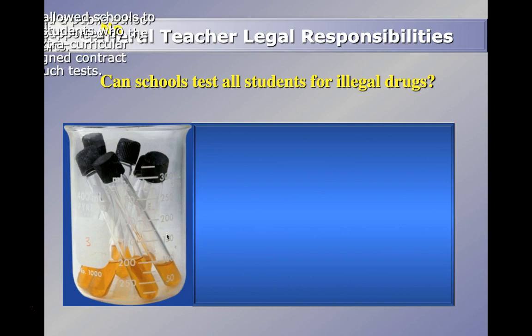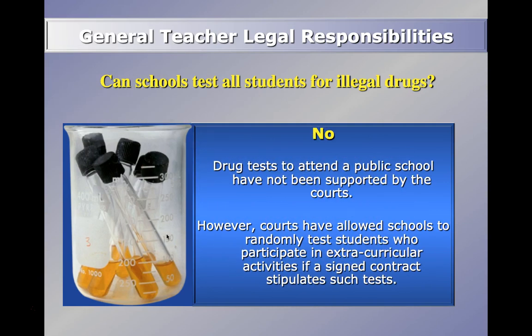Well, the answer to that is no. Right now, in our states, drug tests to attend a public school have not been supported by the courts. Now, they are supported, random drug testing for extracurricular kids. In almost all the states, including Kansas, you sign a contract that stipulates such tests will be given, and then they can take action as stipulated in that extracurricular contract.